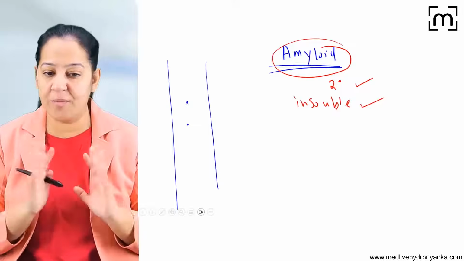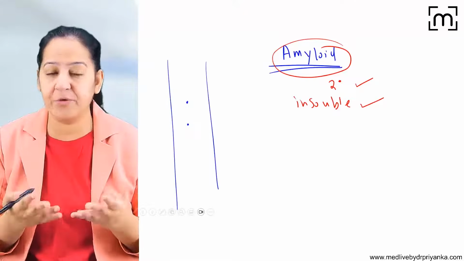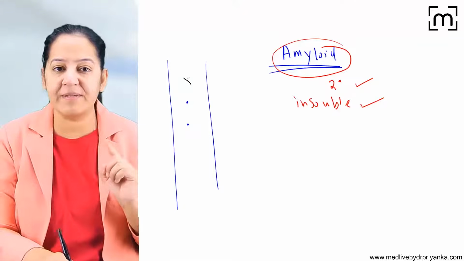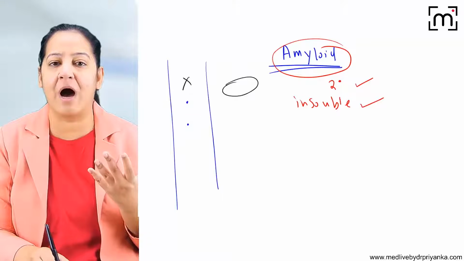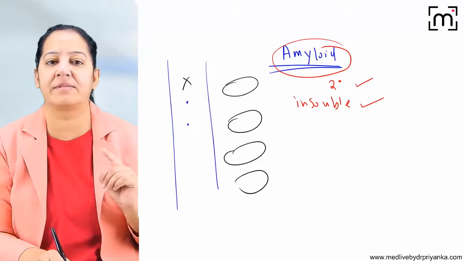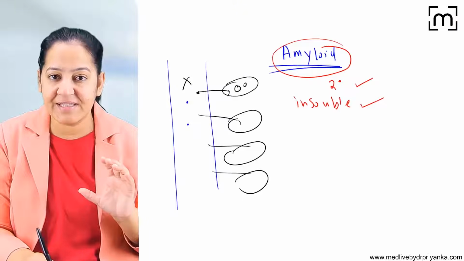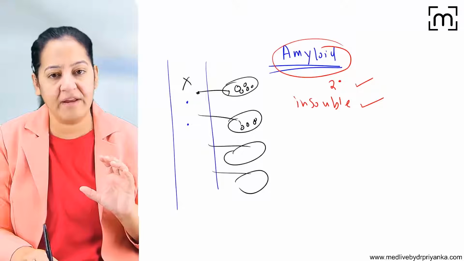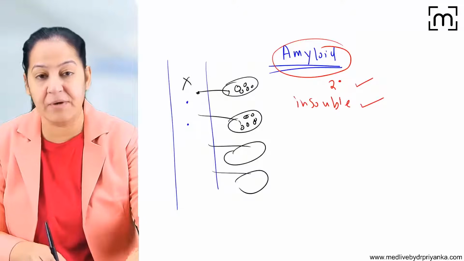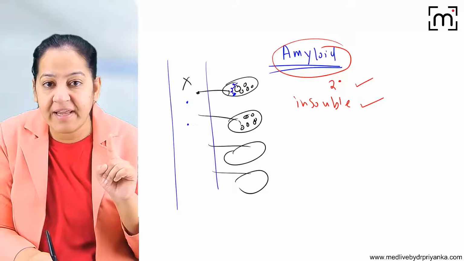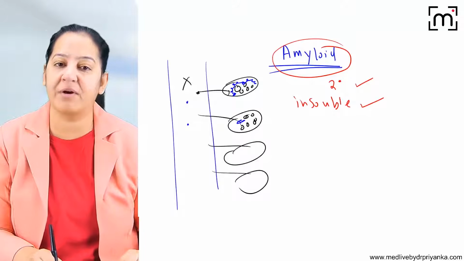Now since amyloid is a protein which is insoluble, it is not present in the blood. Because it is insoluble, it comes out and gets deposited in various organs. And these are the cells of various organs. So the amyloid gets deposited extracellularly in various organs because it is insoluble.